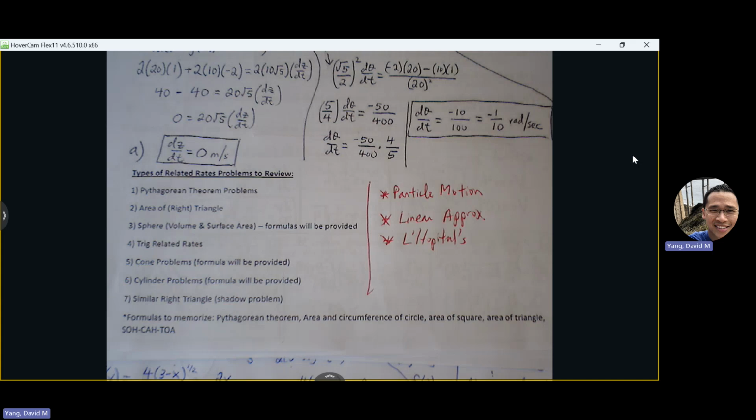Typically, yeah. Unless they specify we're moving along the y-axis, they would have to specify which direction is positive. But normally, if we're doing particle motion, I'm going to use particle motion words. Acceleration, positive acceleration.